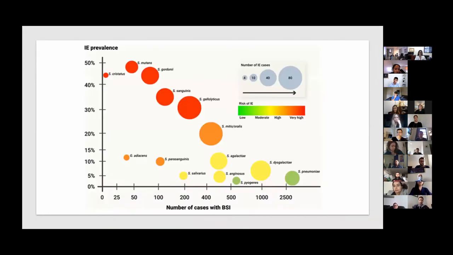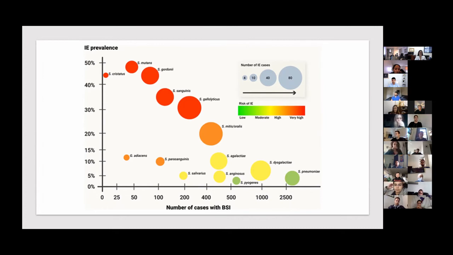Okay, so the next slide. This is just a nice graphic form of the incidence of endocarditis. So we're seeing the mutans, gordonii, strep sanguis. These are our typical strep viridans. They have a high incidence of endocarditis. Strep pneumoniae is all the way down on the bottom right.